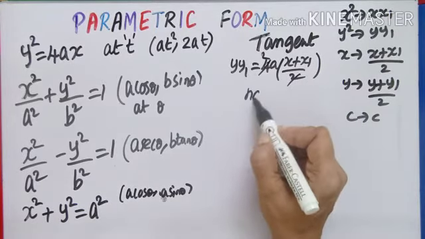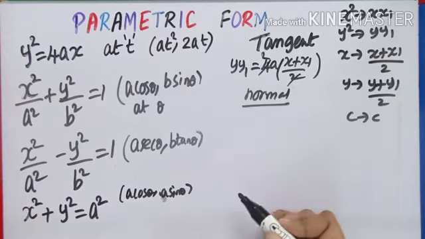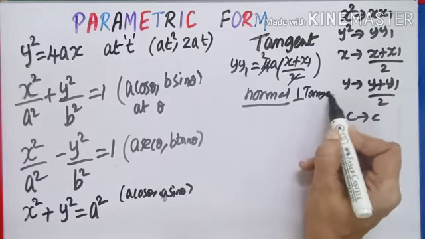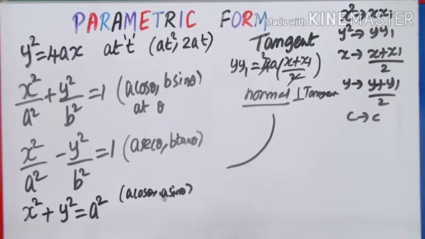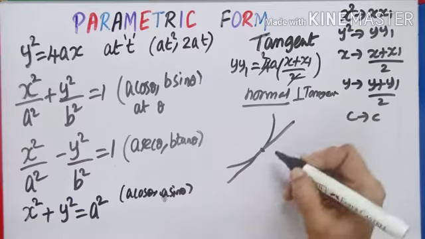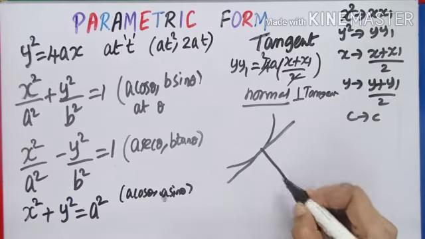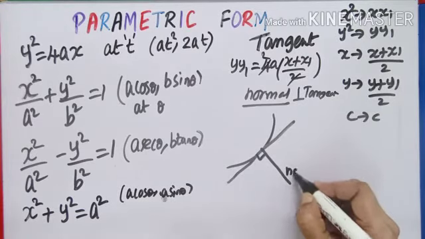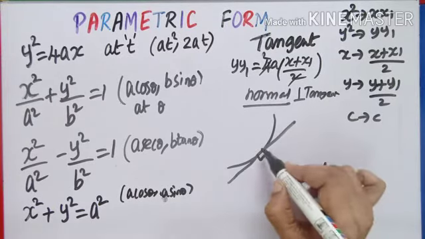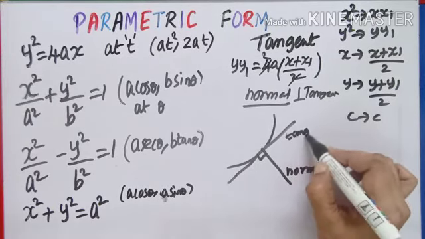To go to the normal equation, tangent and normal are perpendicular. For any curve, I draw the tangent at a point. If I draw a perpendicular, this perpendicular I call normal, whereas the line touching at one point I call tangent.